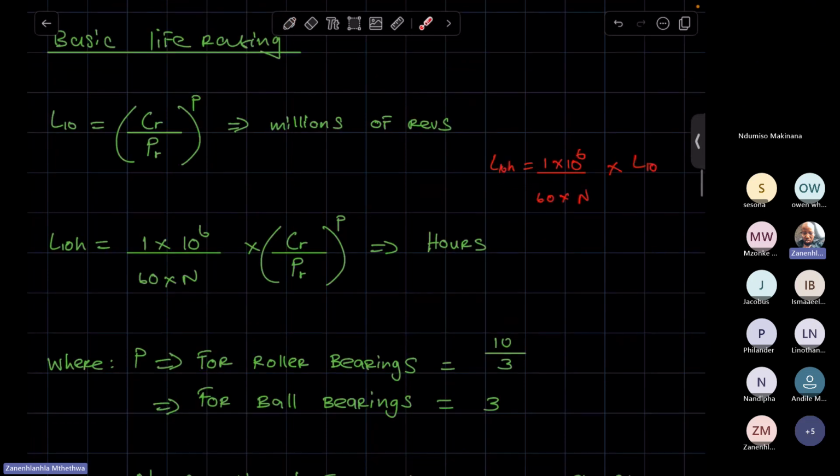So this is why now L10 is equal to CR over PR to the exponent P.